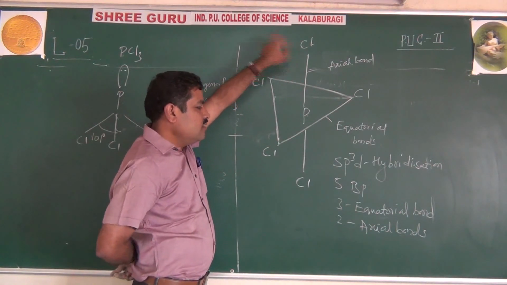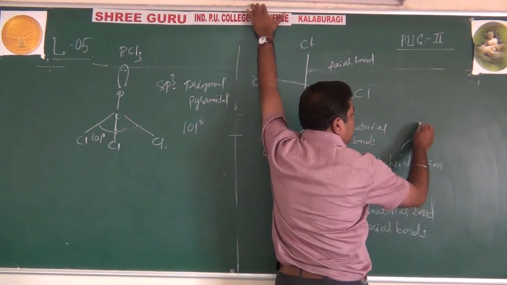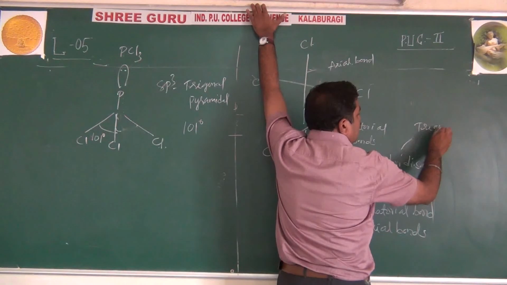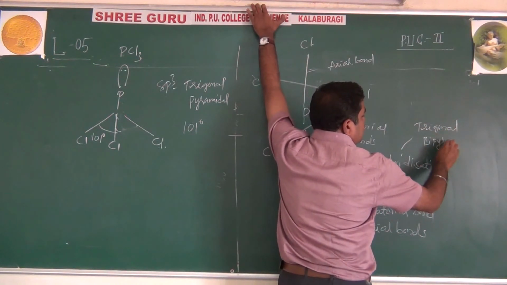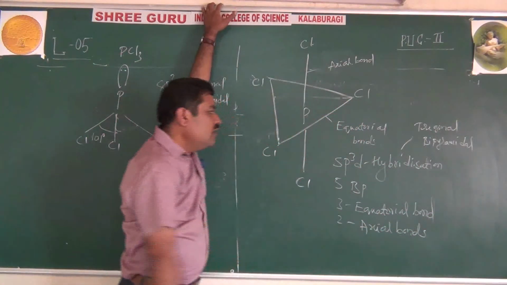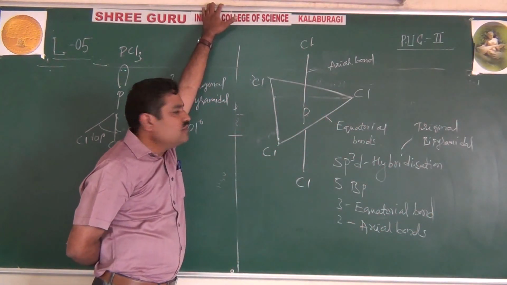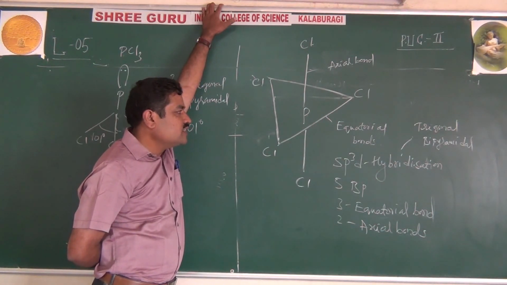And this is the sp3d hybridization. What is the geometry? Trigonal bipyramidal, which you already studied in chemical bonding last year. Trigonal bipyramidal, showing all bonding pairs of electrons, sp3d hybridization, 5 bonding pairs, out of that 3 equatorial, 2 axial.